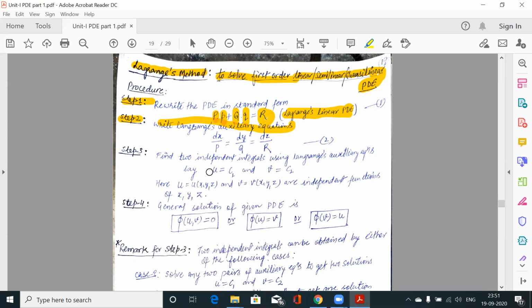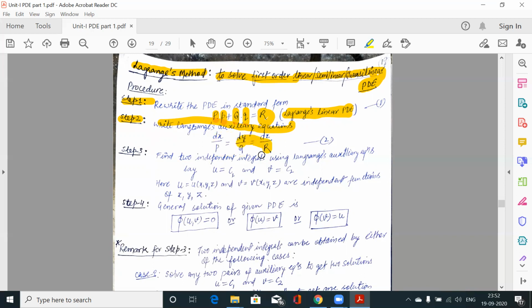And suppose these two integrations are represented as u is equal to c1, v is equal to c2, where c1 and c2 are arbitrary constants. How will we get these arbitrary constants? Because if we are integrating, suppose we are using these two fractions, one arbitrary constant would be there, the integration constant, and suppose that is c1.